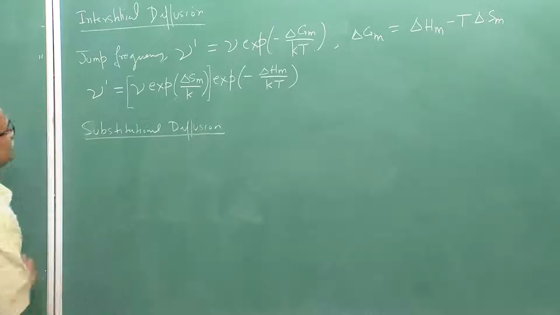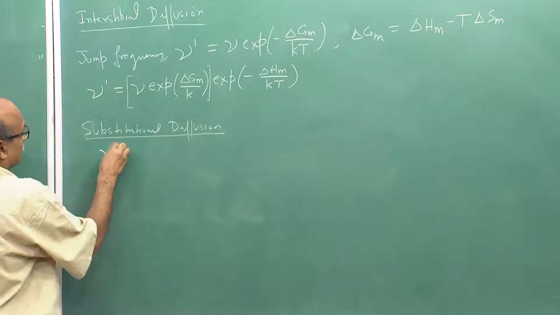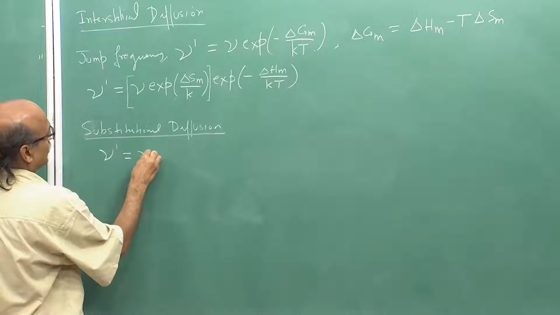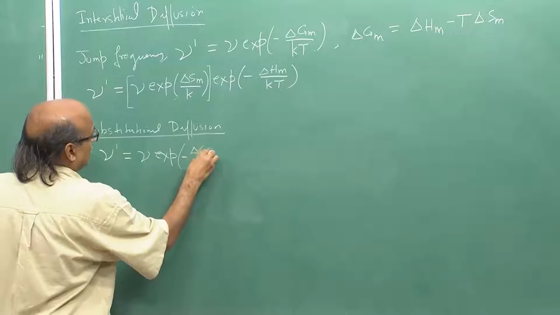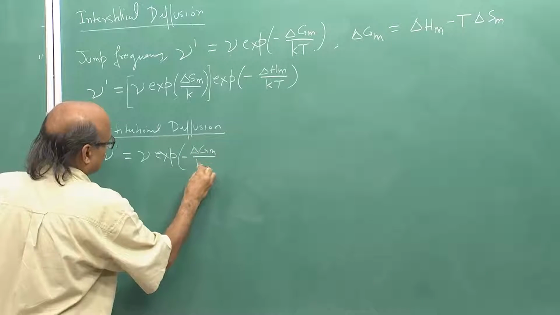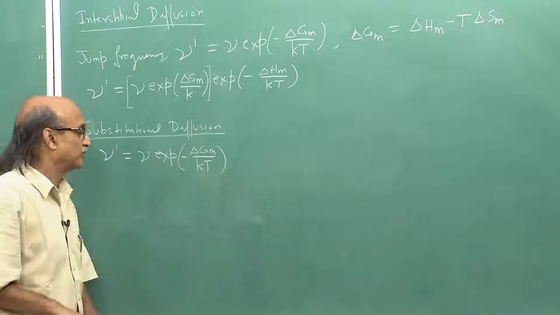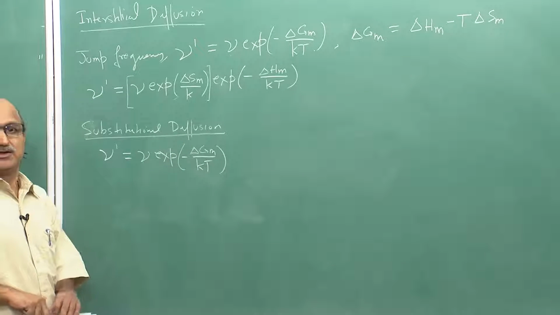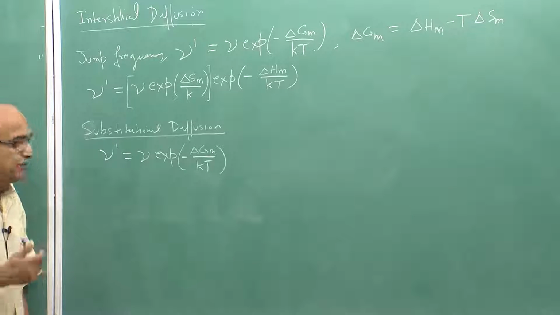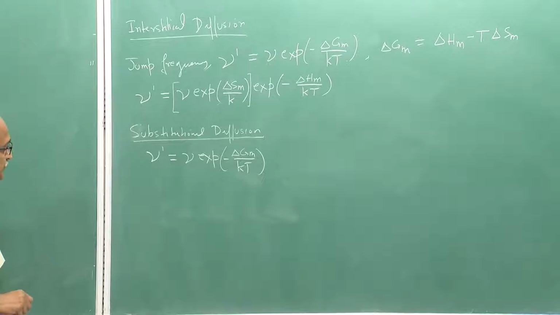So, in the case of substitutional diffusion, also one can write nu prime to be equal to nu exponential minus delta Gm upon kT. These terms would still be there. However, there would be one more term that would have to be added to this expression, because for a jump to be successful, the neighboring site to which the jump is taking place has to be vacant.